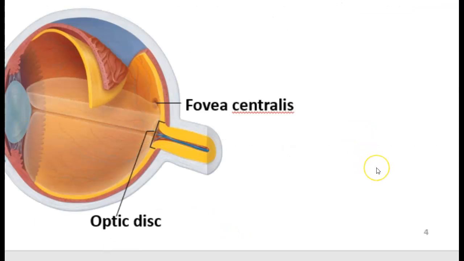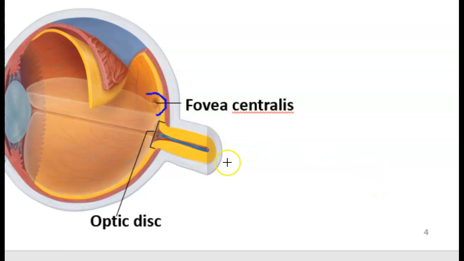Now you have this picture on page 140, and it just shows you or reminds you that the area of the retina that has the highest density of cones is the fovea centralis right here.